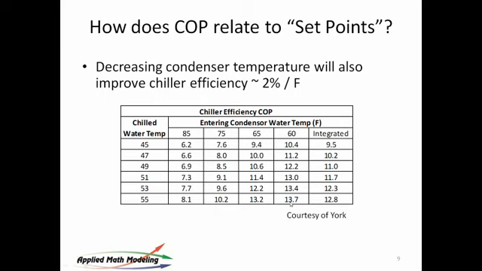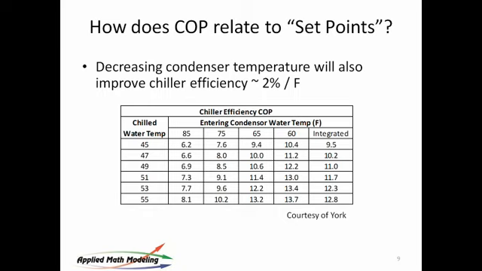You see what was 13.7 here, but look at the delta T. My chilled water temperature is 55 degrees, and my entering water temperature 60. I'm only moving this thing 5 degrees. So if you're moving it only 5 degrees, then your COP is quite good. And again, you come up with a similar ratio. As you decrease the condenser temperature, you'll improve the chiller efficiency by about 2% as well.